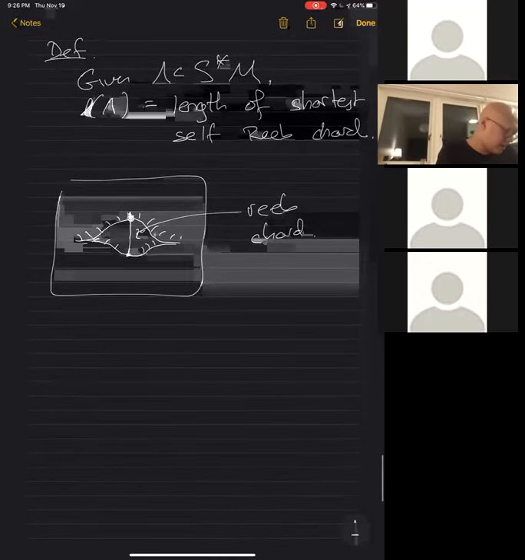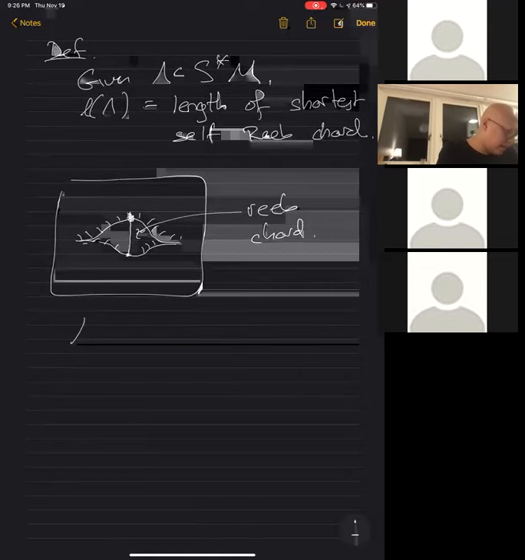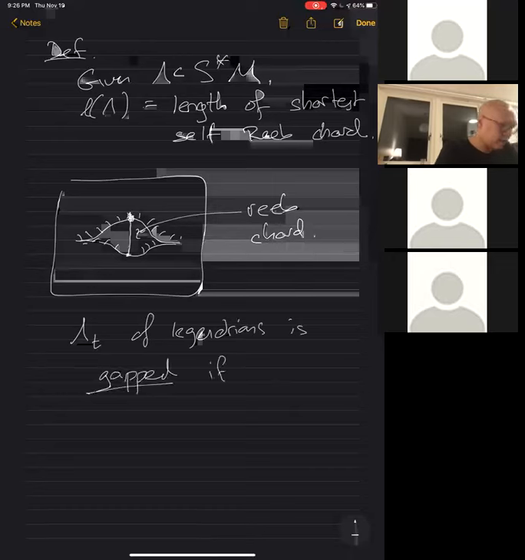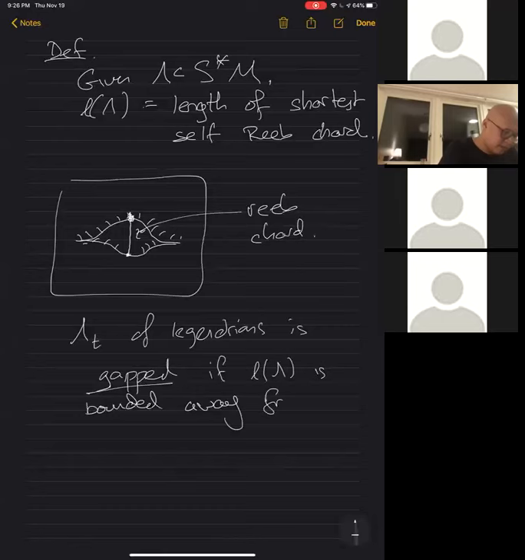Okay, and we say that a family lambda t of Legendrians is gapped if this length of lambda is bounded away from 0. Let me explain the significance of this notion of gapped.